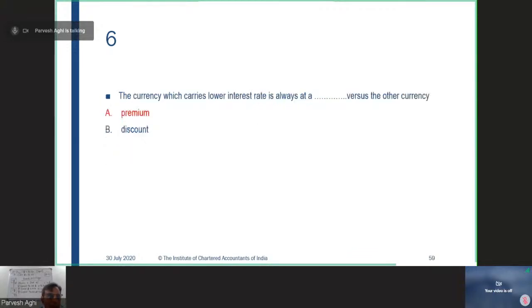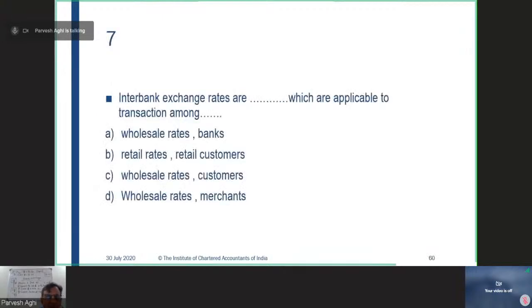Okay. Now let's do some more and then we'll move on to the question. Interbank rates are dash dash which are applicable to transaction among wholesale banks. Interbank exchange rates are wholesale rates which are applicable to transaction among banks, or retail rates applicable among retail customers, wholesale rates and customers, wholesale rates and merchants.